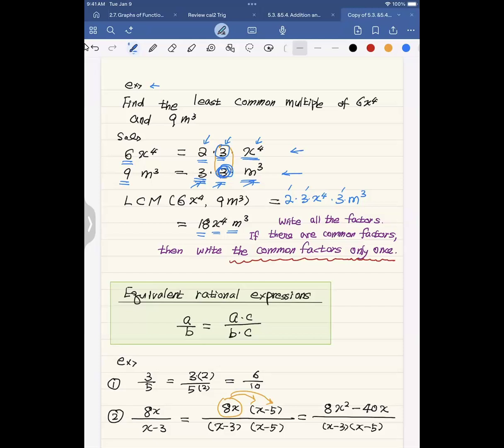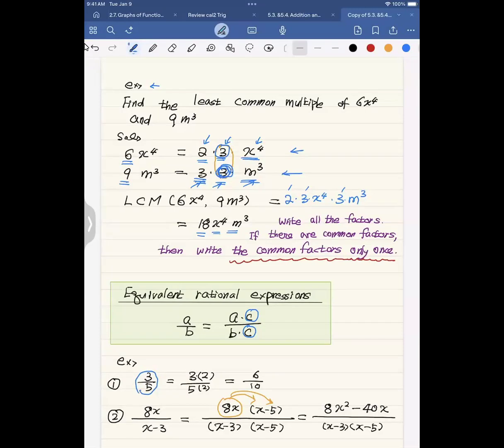When we say two fractions are equivalent fractions, the other fraction is obtained by multiplying the same number on the numerator and the denominator. For example, we have 3 over 5.